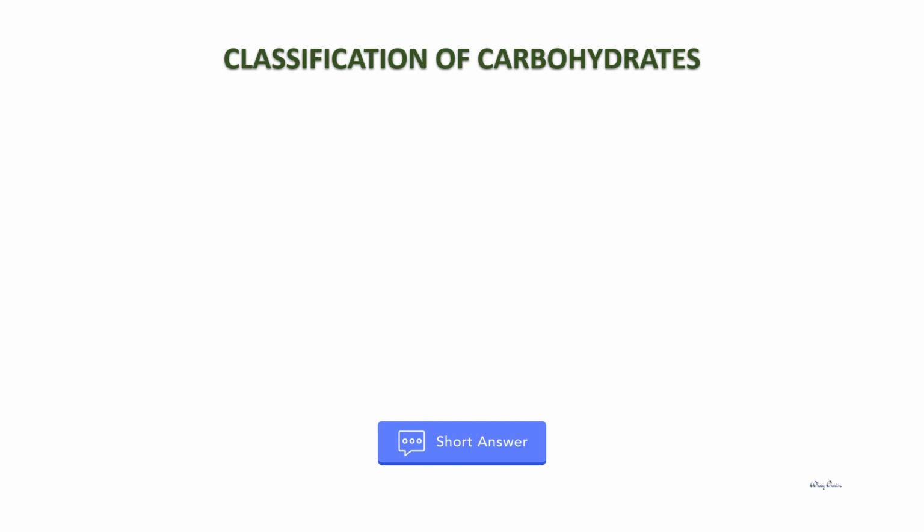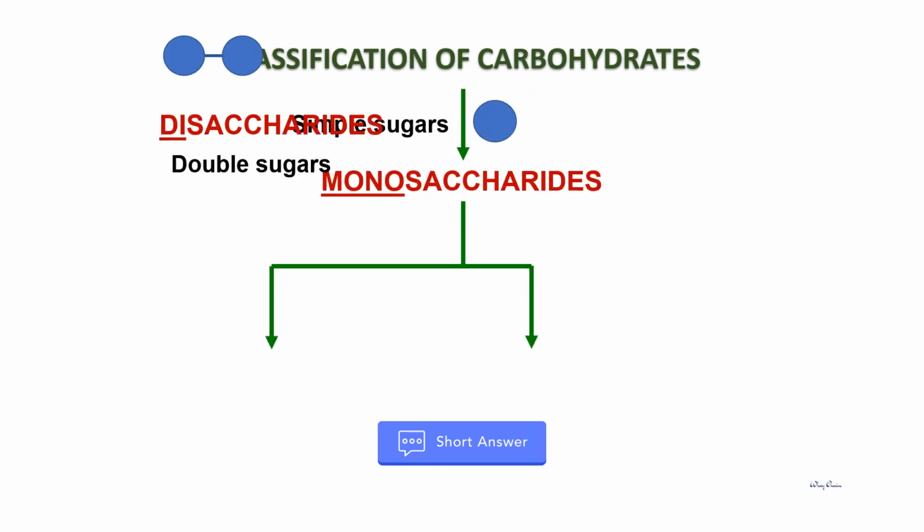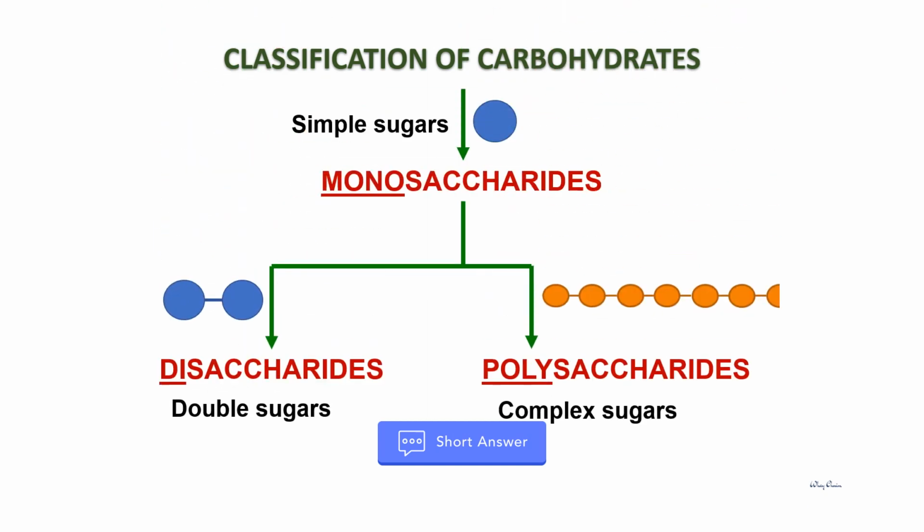The classification of carbohydrates can be done based on the number of sugar units. If the carbohydrate consists of only one unit of sugar, it's called a monosaccharide, which is also simple sugars. If the carbohydrate consists of 2 units of sugar, it's called a disaccharide, which is also double sugars.